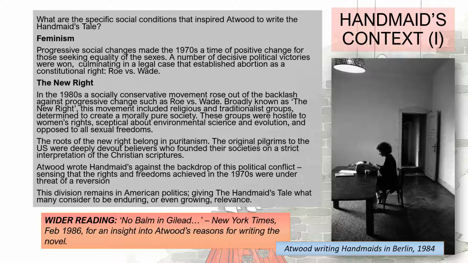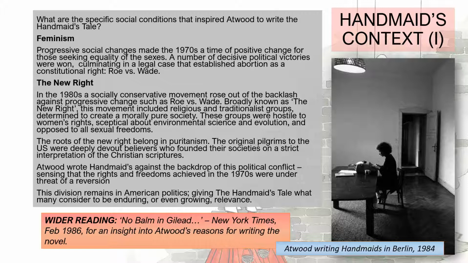That case was known as Roe versus Wade. And this was a seismic change in American politics in that it gave abortion as a constitutional right. This remains a really controversial division, as we shall see, in American society right up until the present day.